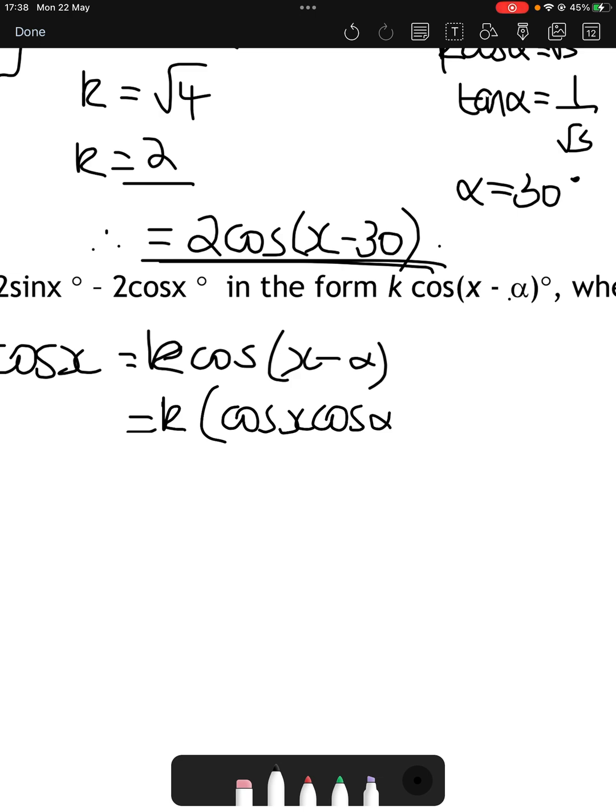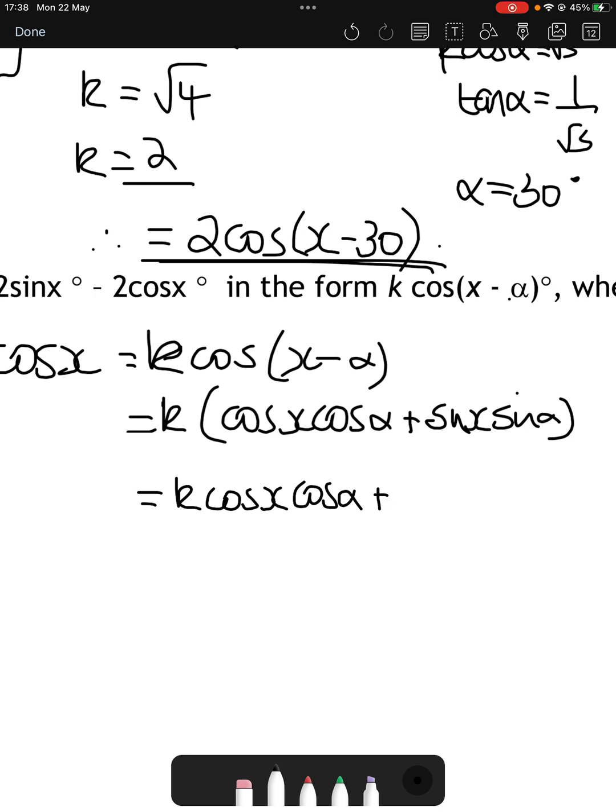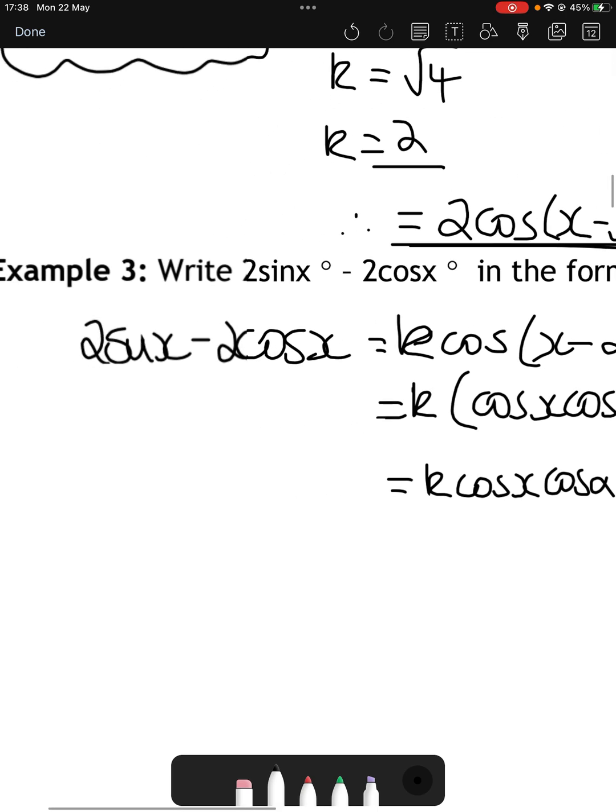And remember your formula, minus becomes plus. Now you need to have the k's at both bits. Obviously, you don't need to put the middle step in if you always remember that both of them have k. But a lot of people don't, I'm afraid. And therefore you would lose a mark.